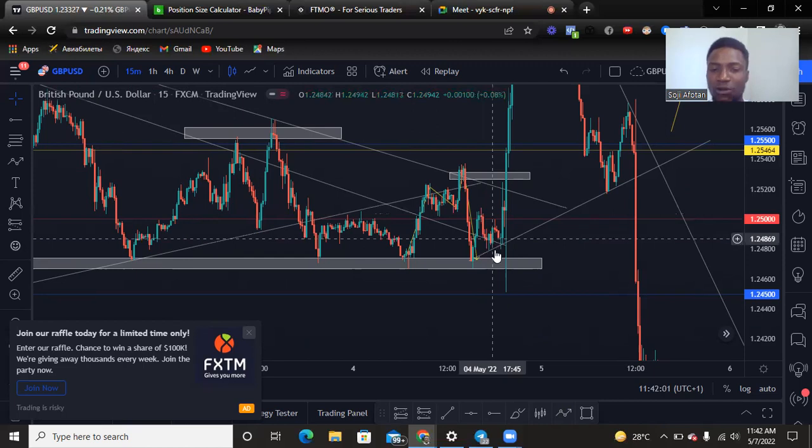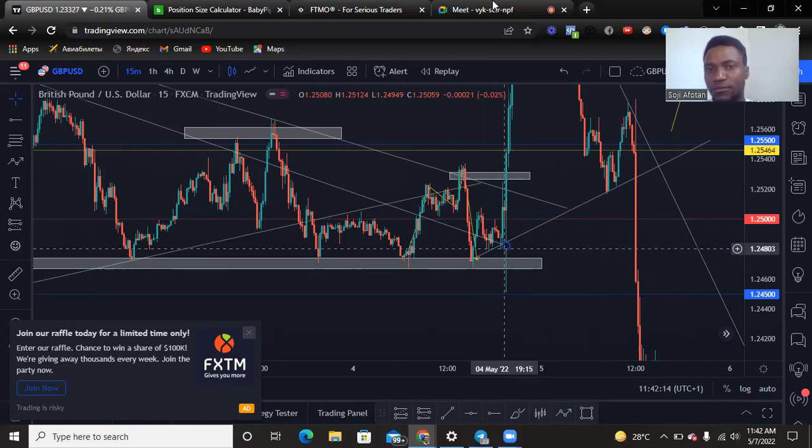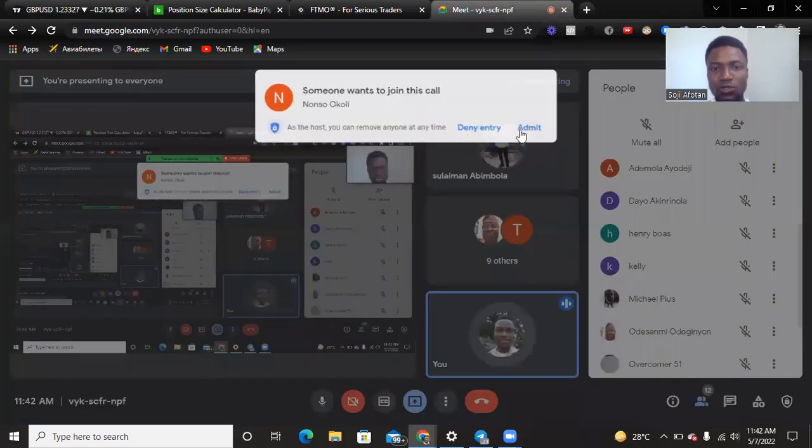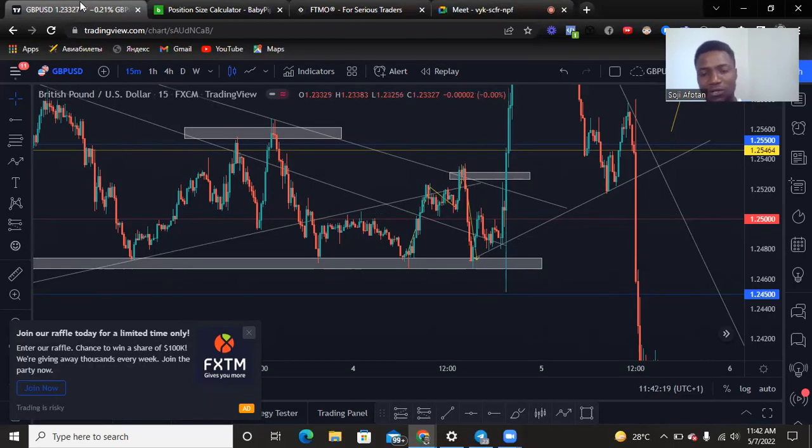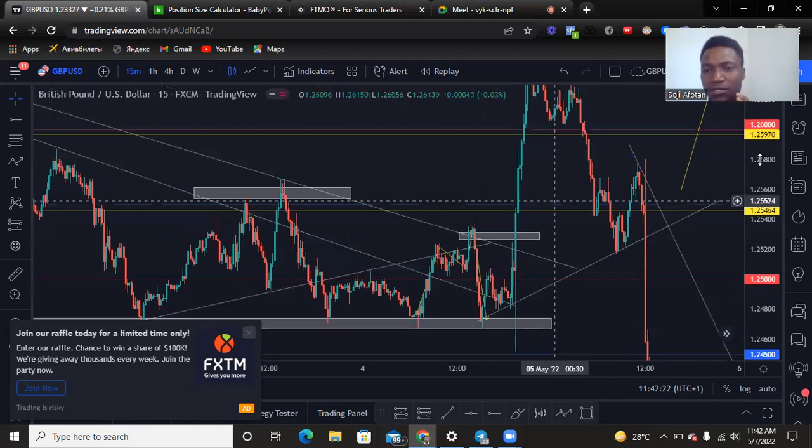Then we wait for the second leg. This is where we now get in, because it's when the second leg formed that you can be certain that we can trust this trade. So these are those things you want to grab and understand about chart patterns.